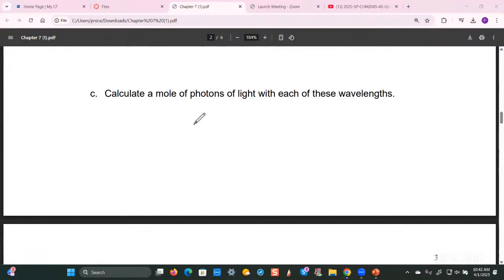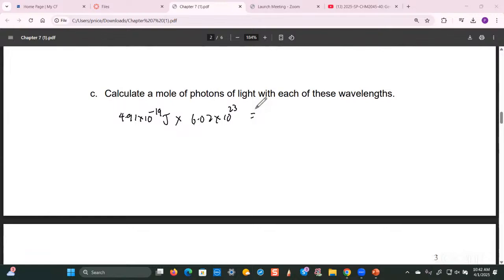So whatever the answer that we got in the B part. Okay, so what was the answer we got in the B part? 4.91 times 10 to the minus 19. That would be joules, right? So we just multiply this by 6.02 times 10 to the 23, and whatever that gives will be the answer. So 4.91 times 10 to the minus 19 multiplied by 6.02 times 10 to the 23, rounded to 3 sig figs.